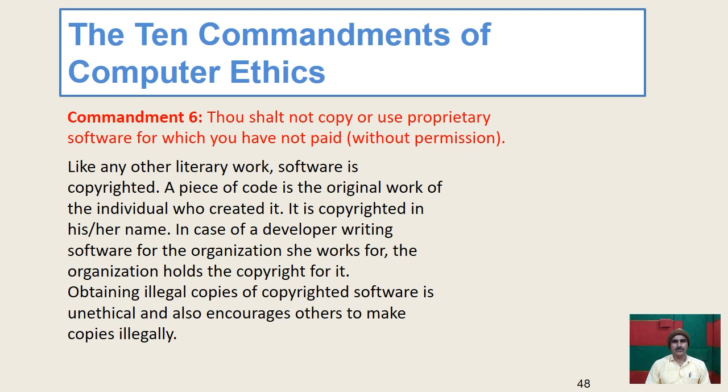Means here copyright goes to that organization. So obtaining illegal copies of copyrighted software is unethical and also encourages others to make copies illegally. So it is illegal and unethical to copy software which you have not paid for or without the permission of the copyright holder.